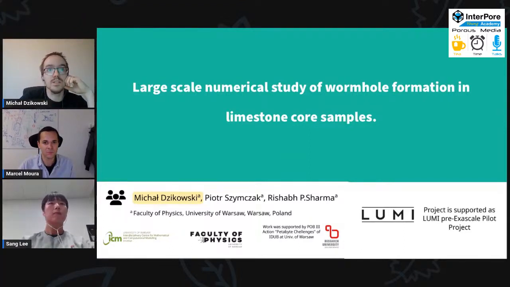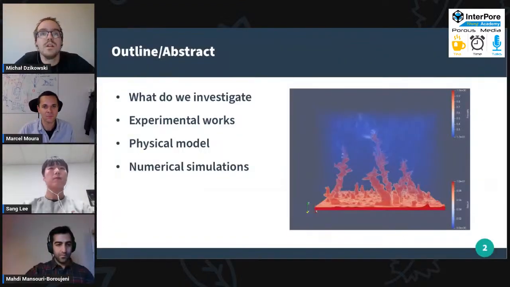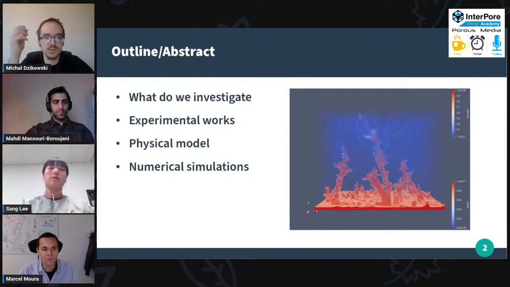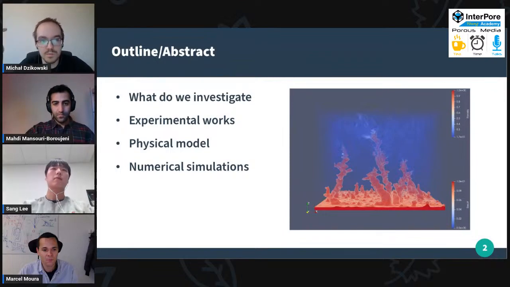So sorry, next one, please. Okay, so wormhole, how we see it is that when there is a reactive flow through porous media, and the reactant is able to dissolve the porous matrix, you can get positive feedback between the flow and the reaction. So under the right conditions, where the flow transports more reactant, then more mass gets dissolved, and then it creates a more preferable flow path.